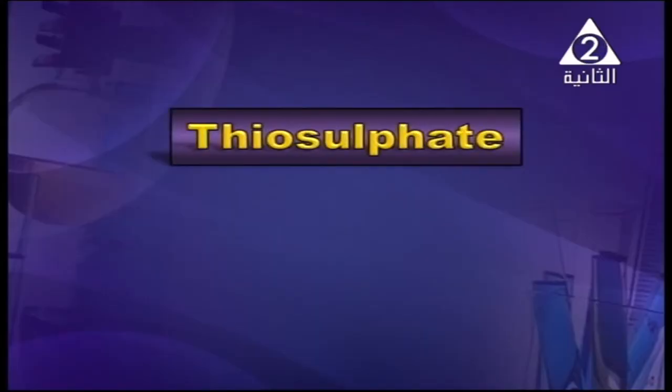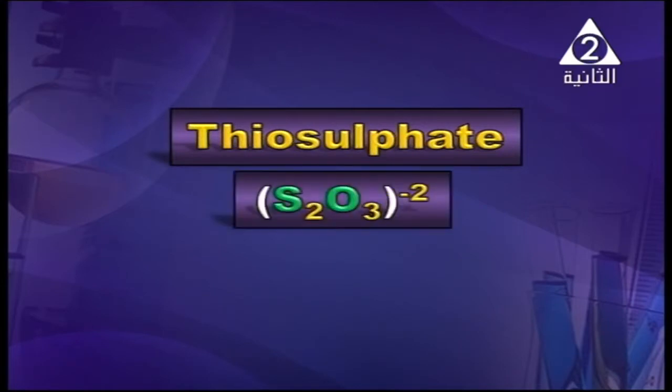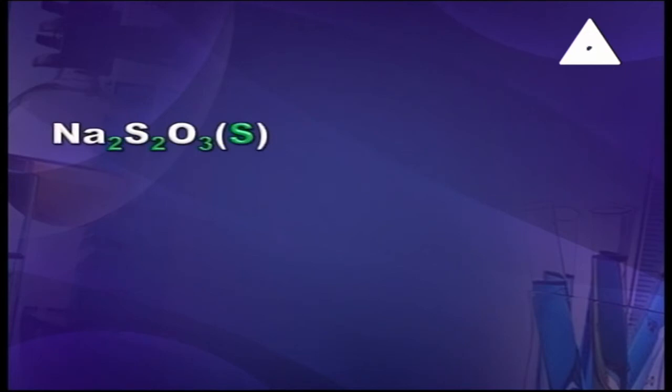Thio what? Thiosulfate. What is the formula? S2O3 with a charge of negative 2. We have 3 O. Sulfite, sulfide, thiosulfate. Thio, we have oxygen here for its reaction, as you see, a good primary test.